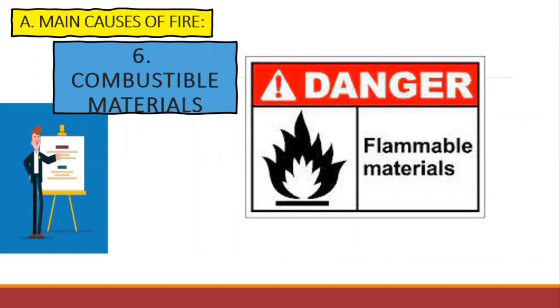When we say flammable materials, it is below a flash point of 37.8 degrees Celsius or below 98 degrees Fahrenheit. While combustible materials are those with a flash point above 37.8 degrees Celsius or above 98 degrees Fahrenheit, which requires more temperature before it will ignite.